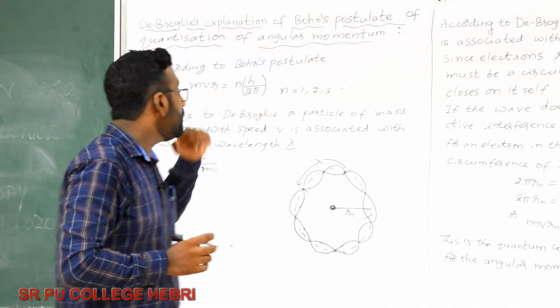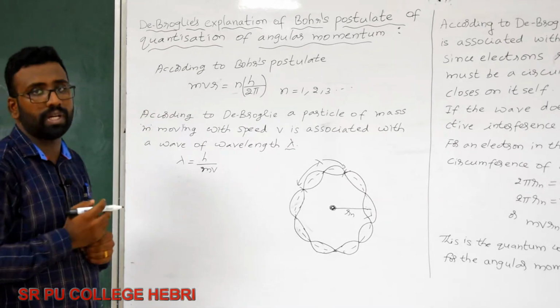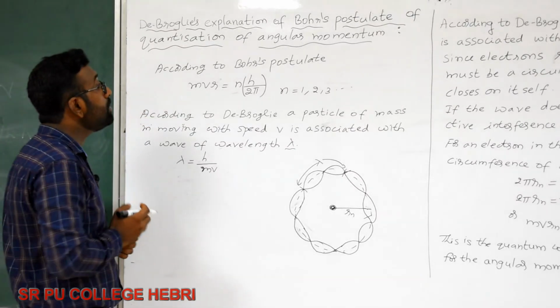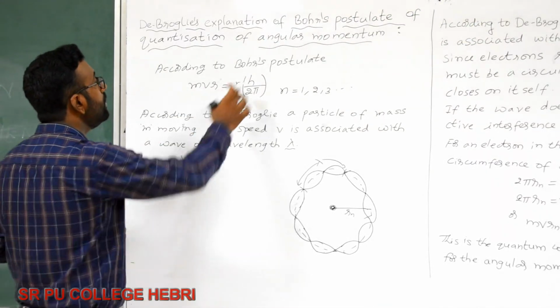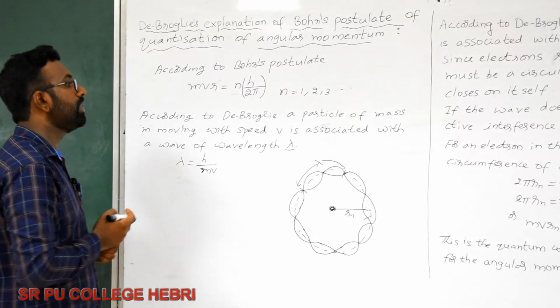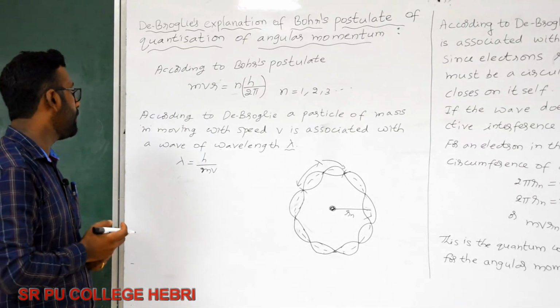Okay. So now we will see how de Broglie could explain Bohr's postulate. According to Bohr's postulate, we know that mvr is equal to nh divided by 2 pi. So angular momentum is nothing but integral multiple of h by 2 pi.